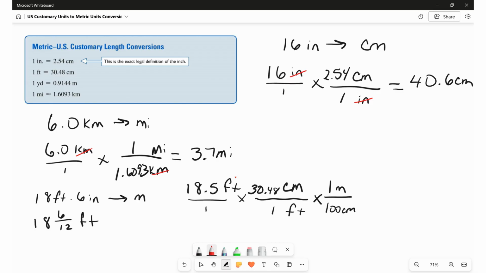Now we cancel our feet out here, we cancel our centimeters out here, and when we multiply all of this through, that gives us 5.6 meters.